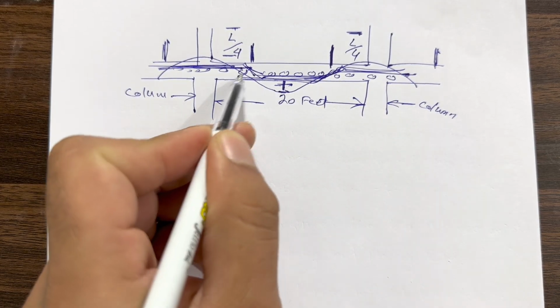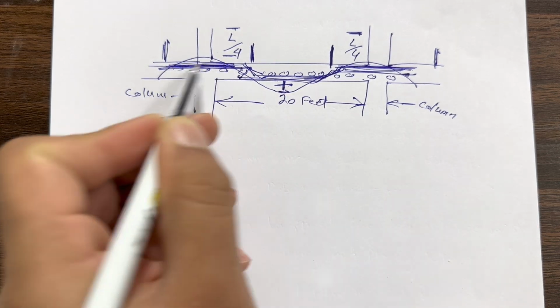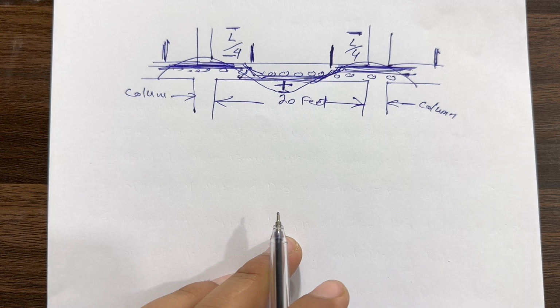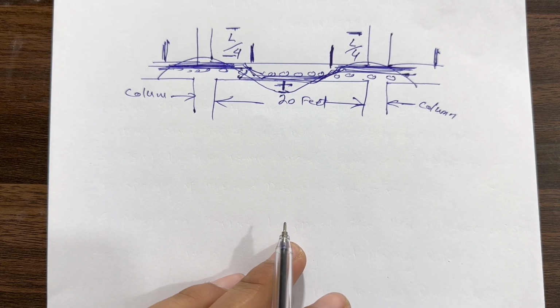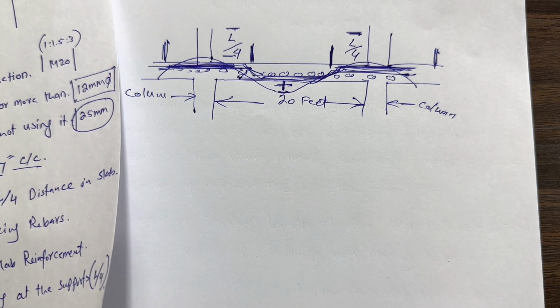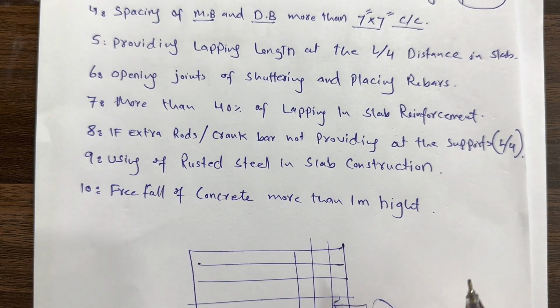If you are not providing crank bar or bent up bar, then provide extra steel rods here. Here you can provide two bars. In RCC slab, you can increase the spacing from 7 to 8 inches, but extra steel rods are very important. In beam we provide 2 extra steel rods at the middle at the distance of L by 4. If you are not providing them, this is also one of the big mistakes, so be careful especially about this.